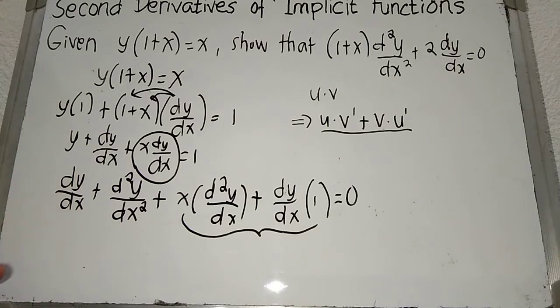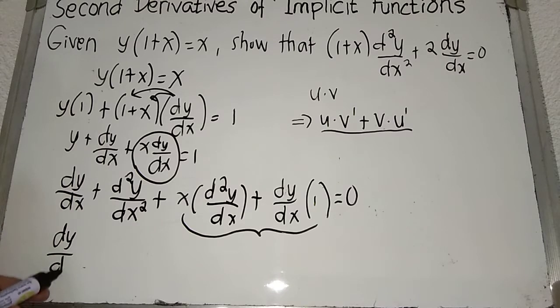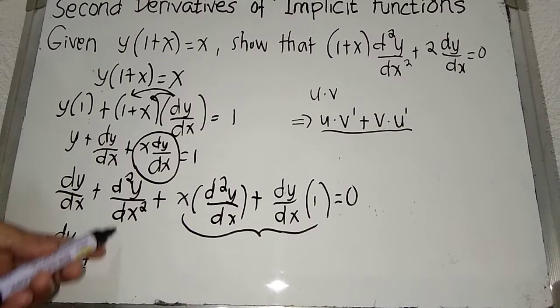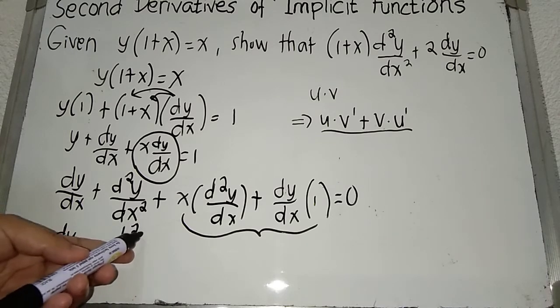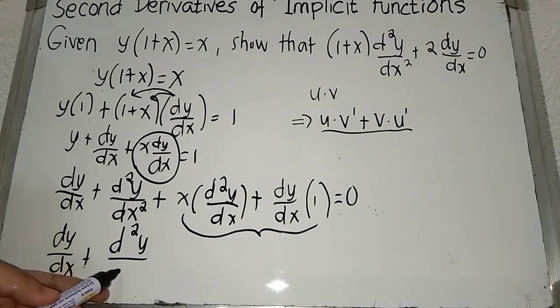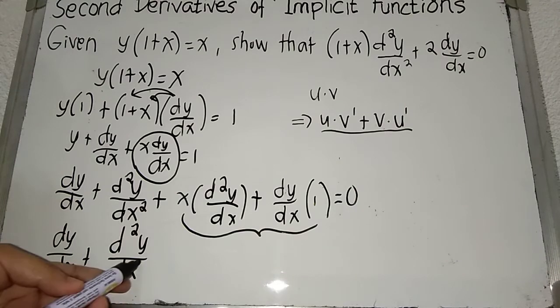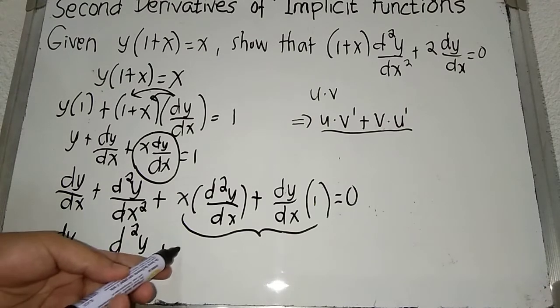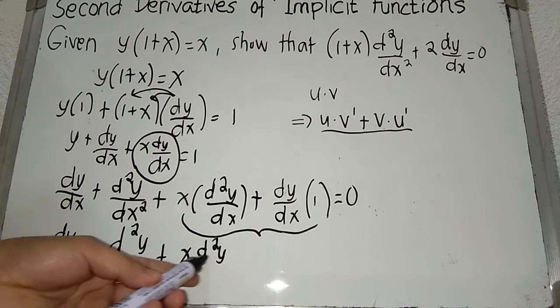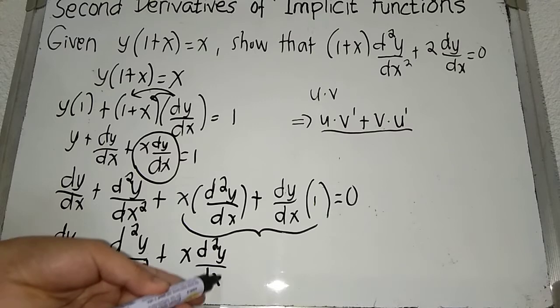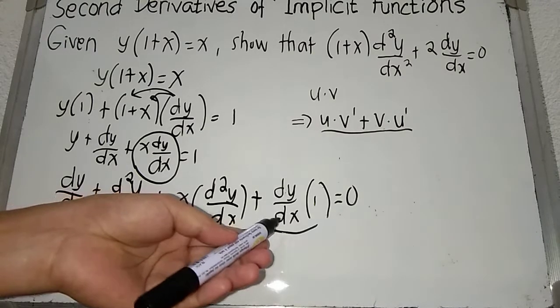The next thing to do is that we are going to simplify. So copying dy over dx, plus copying the second derivative of y with respect to x, plus x times the second derivative of y with respect to x, plus, what is dy over dx times 1?